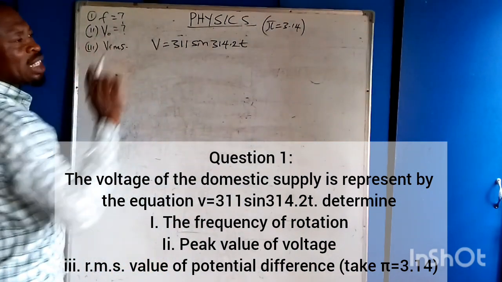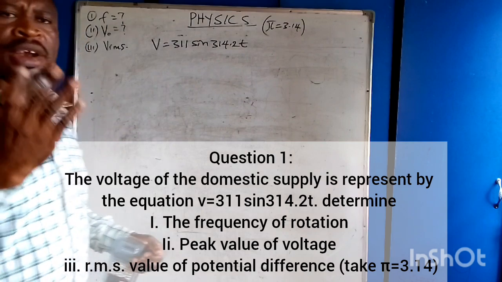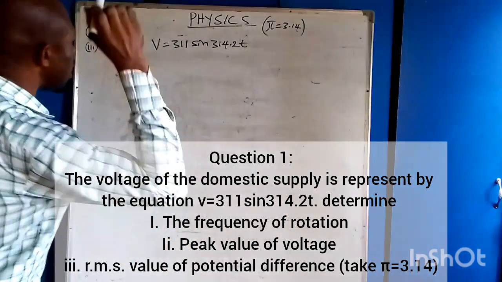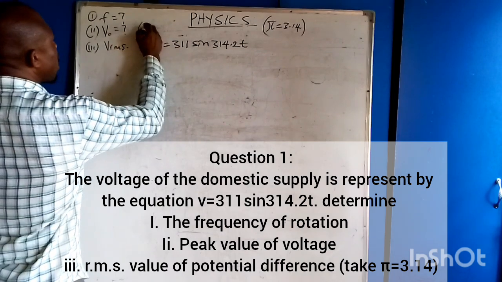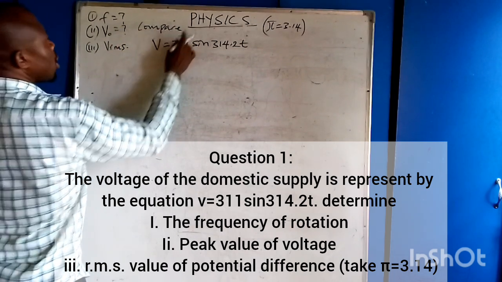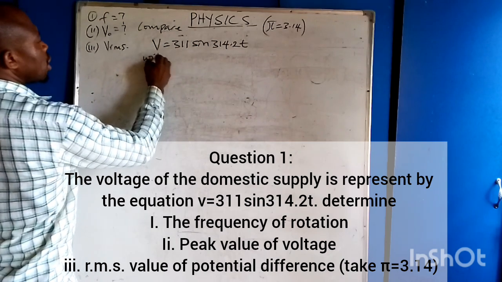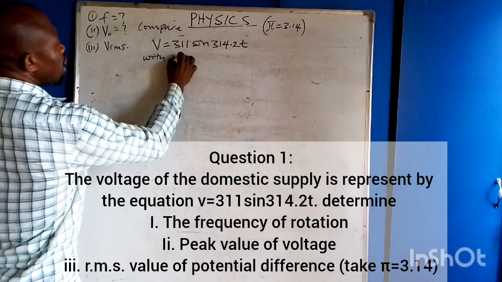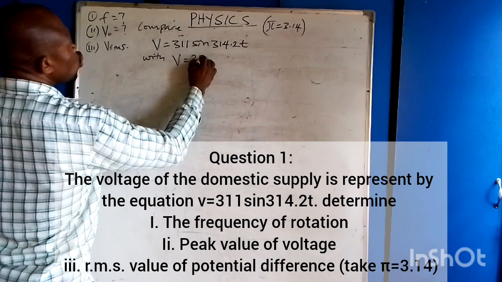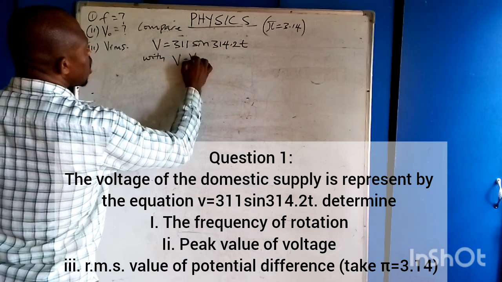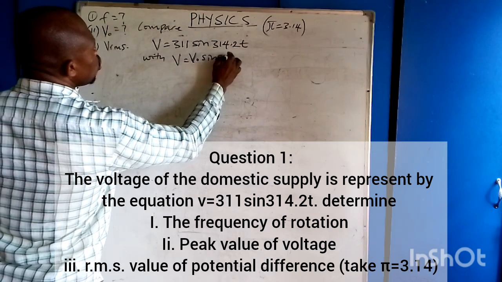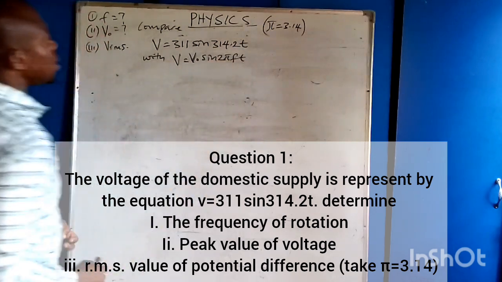Solution. The first thing we do, remember we have the equation given to us initially. All we need to do is compare this equation with the one that says V is equal to V naught sine 2 pi f t.